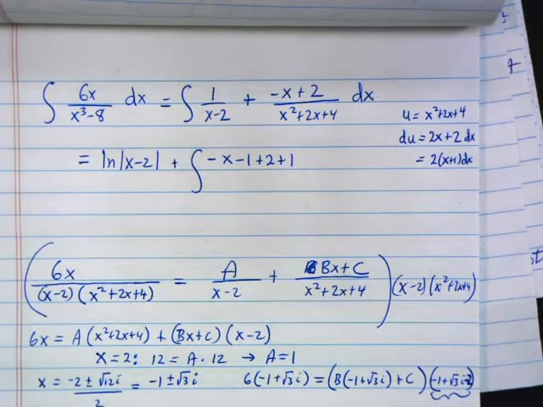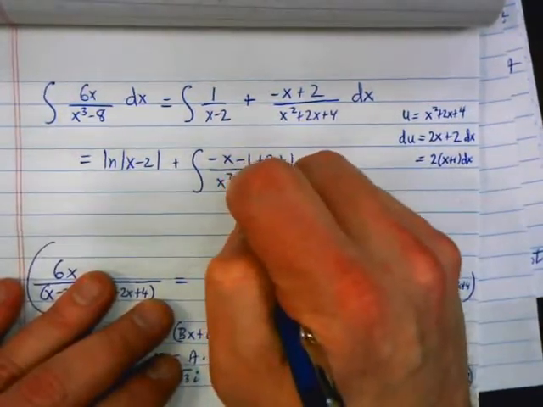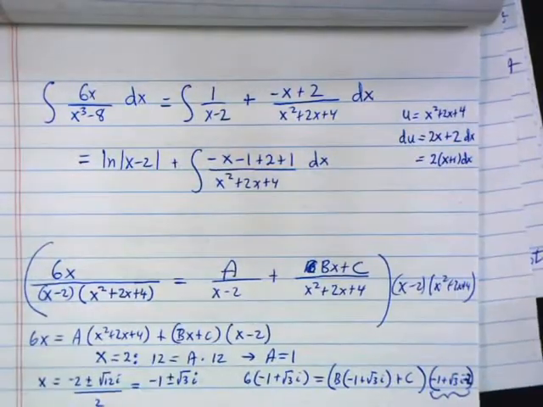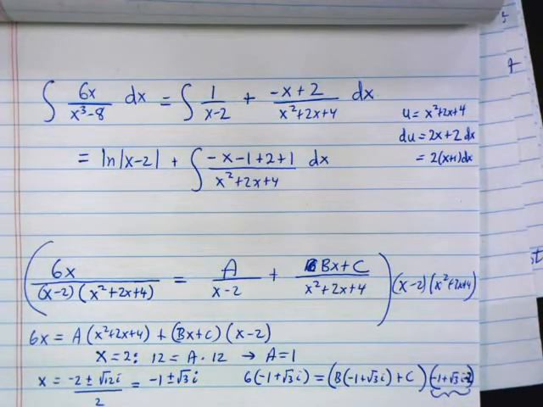So what did I do on the top? I added 0. And then I'm going to have the x squared plus 2x plus 4 down on bottom. I did a negative 1 and a positive 1, didn't I? I did nothing. I wrote 0 in a funny way.